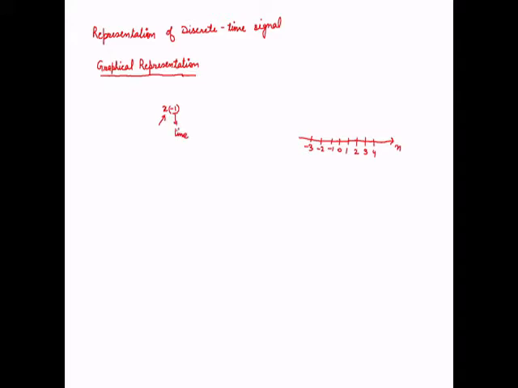So this is time indexing. So at -1 we are having a certain amplitude. Say suppose the value is 1. So at -1, the amplitude we are going to represent with a spike, which is having the amplitude 1. This is the signal representation at x[-1], right?